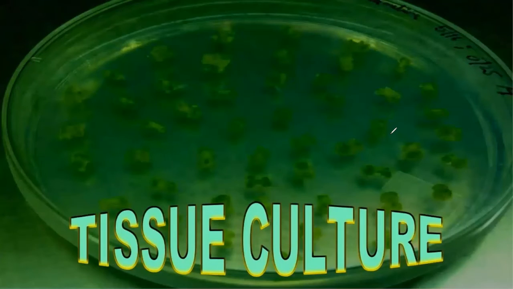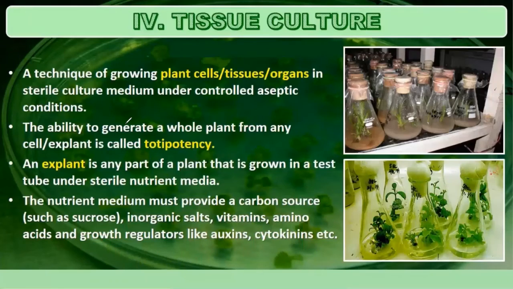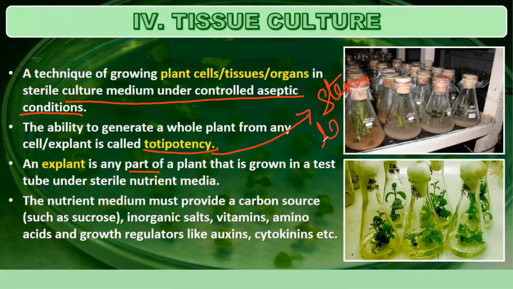The next topic we are moving ahead with is tissue culture. It's a technique of growing plant cells, tissues, or organs in a sterile culture medium under controlled aseptic conditions. The ability to generate a whole plant from any cell or explant is called totipotency. An explant is any part of the plant, like the stem, leaf or part of a root.